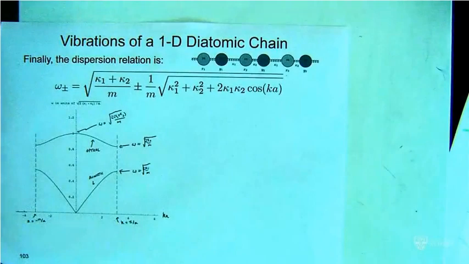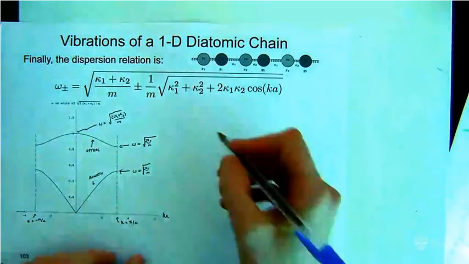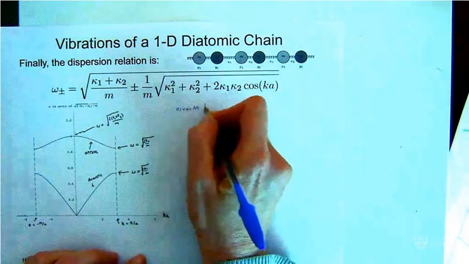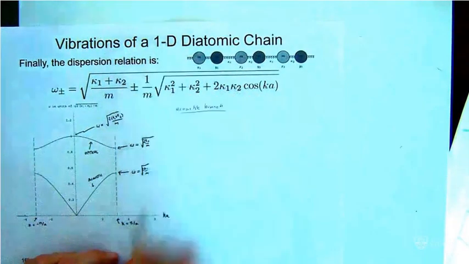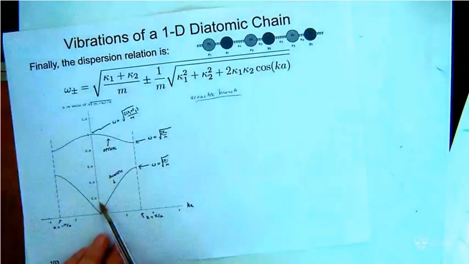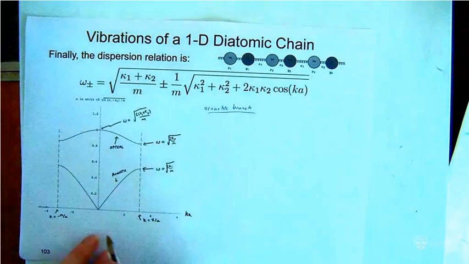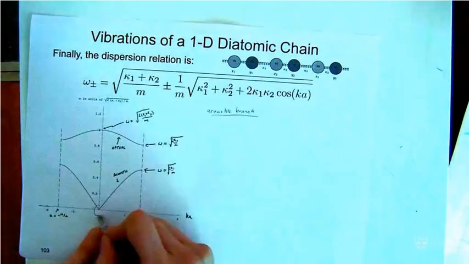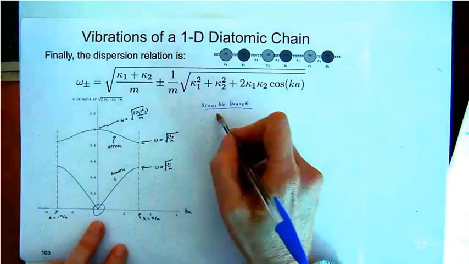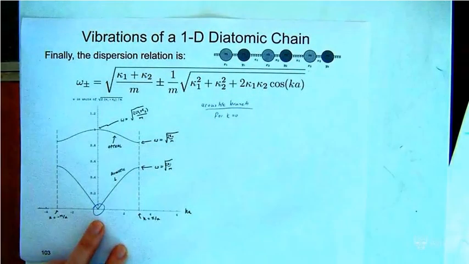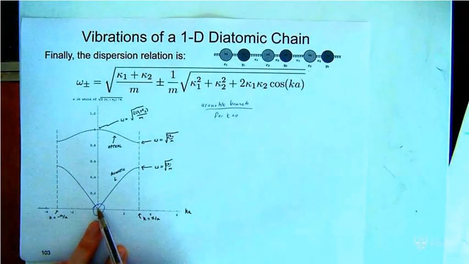Okay, so this is what we've got here. So if we look at the acoustic branch down here, we can see, well, firstly, if you look down here, we have k equals 0. Well, we've got to check, does omega equal 0? Is it correct?